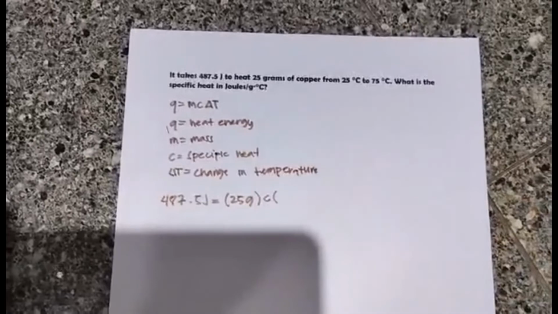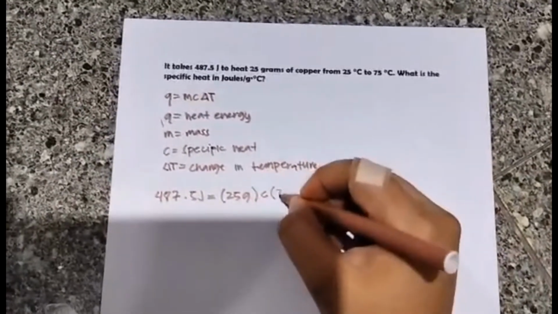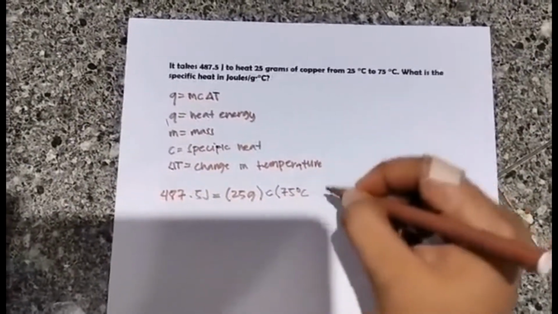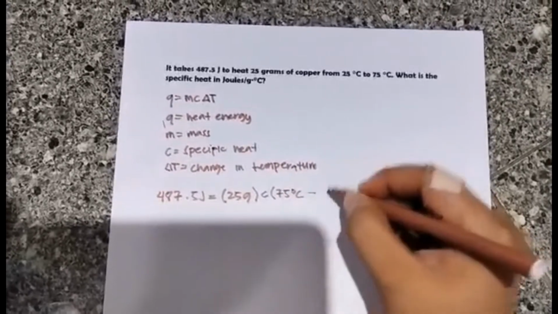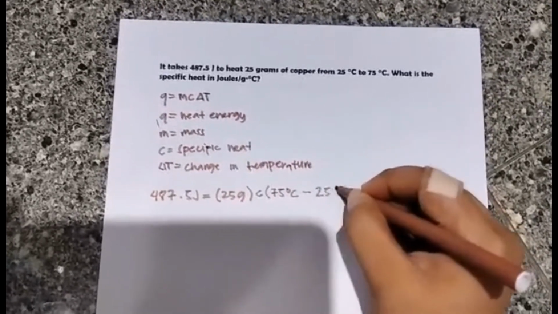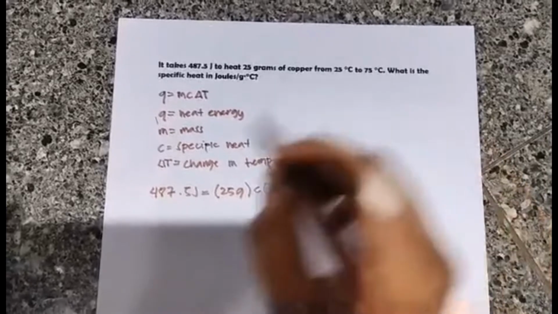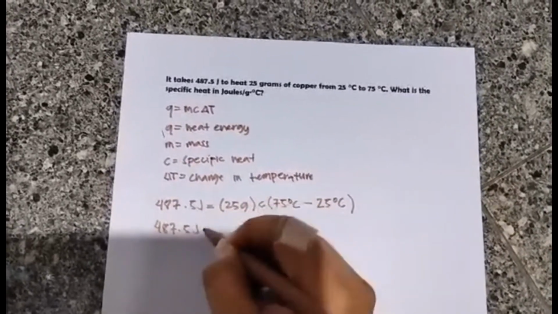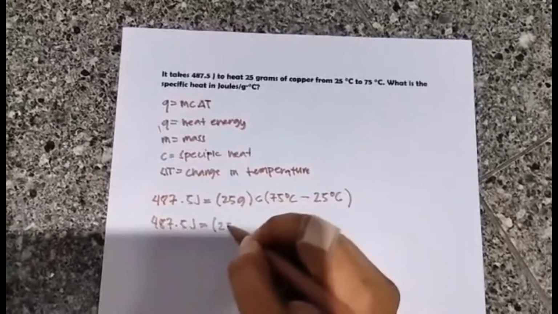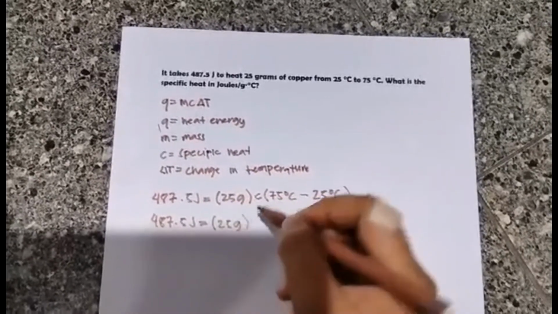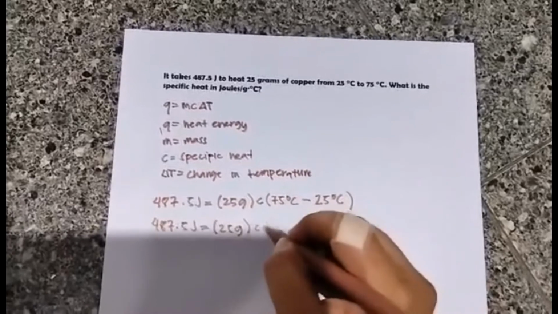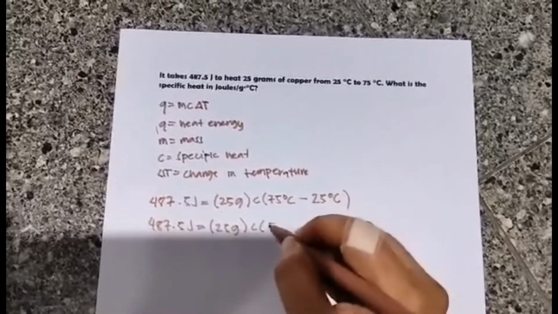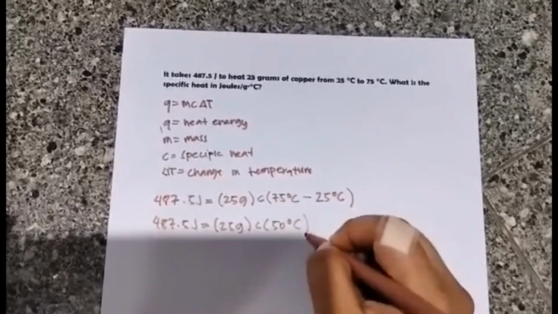Our change in temperature is 75 degrees Celsius subtracted by 25 degrees Celsius. So 487.5 joules equals 25 grams times, we subtract them, so we have 50 degrees Celsius.